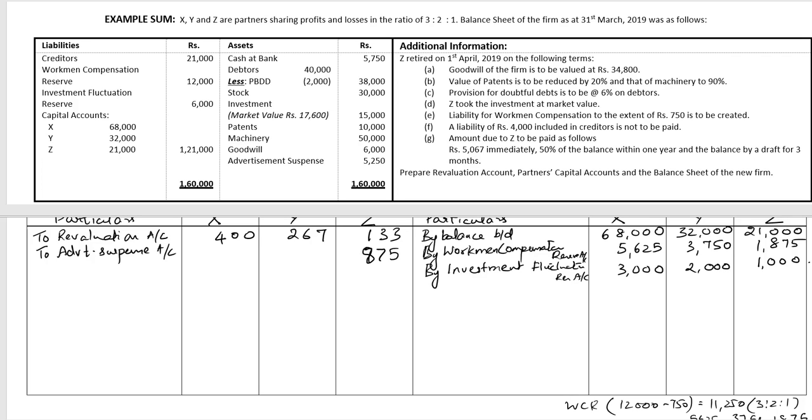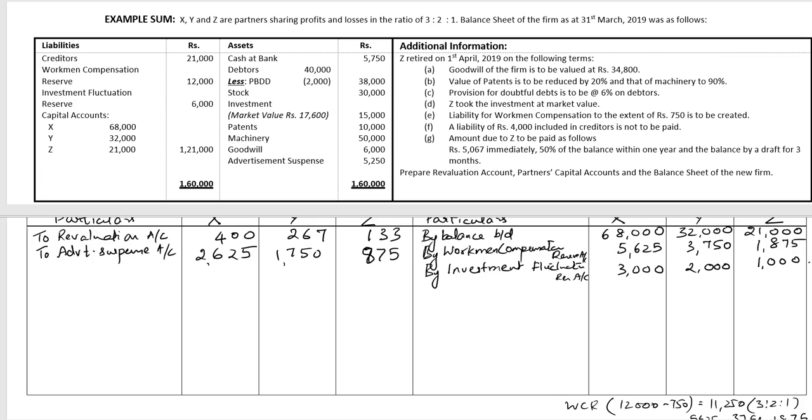We have 875 rupees against partner Z, 1,750 rupees against partner Y, and 2,625 rupees against partner X. We've dealt with the reserves and the fictitious asset.